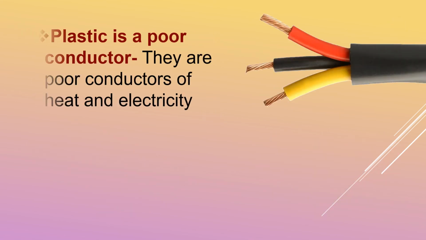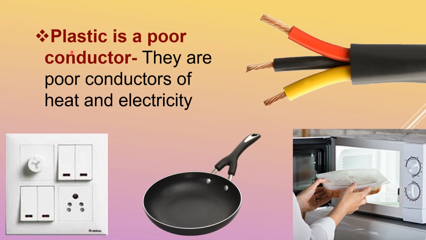The third important property of plastic is that it is a poor conductor. Poor conductor means it does not allow heat and electricity to pass, so we can call it an insulator. Plastics are poor conductors of heat and electricity. In this picture, special plastic cookware is used in microwave ovens for cooking food.